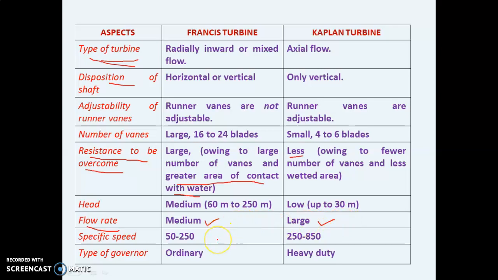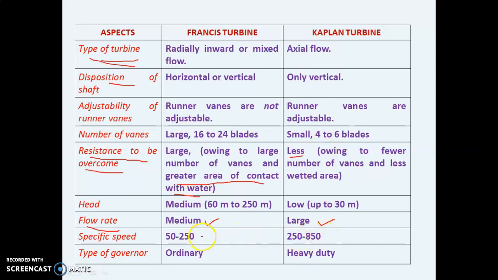Now we'll see the specific speeds. Specific speed for Francis turbine is 50 to 250. It has no units. And Kaplan turbine is required for specific speed of 250 to 850.